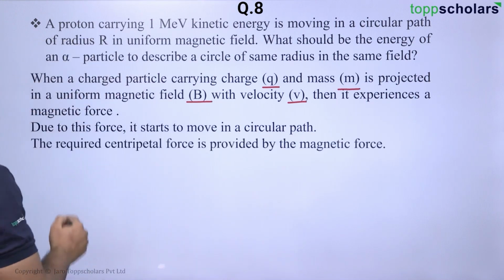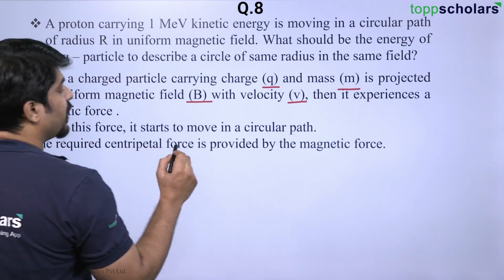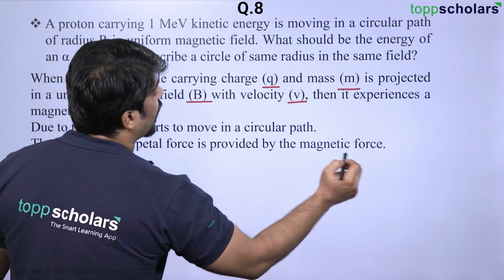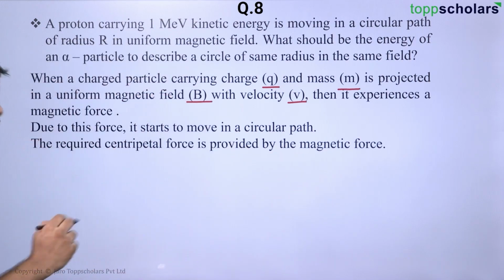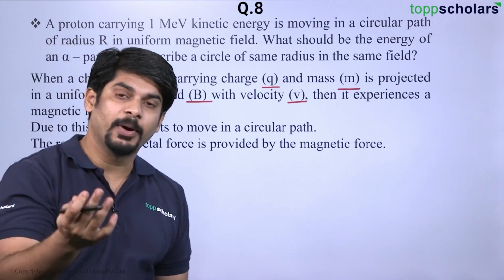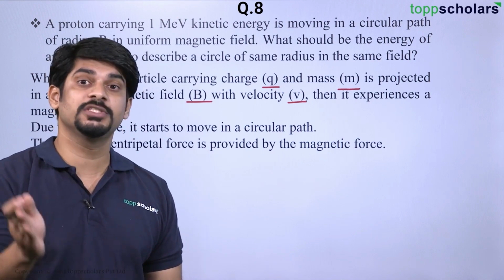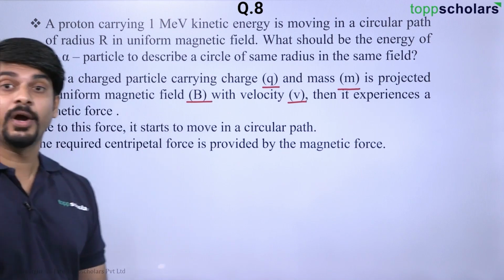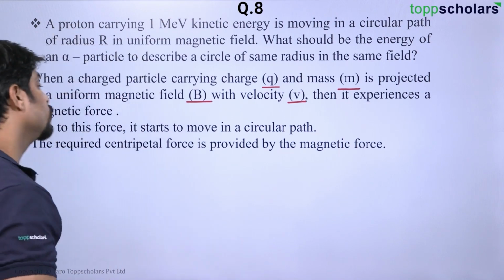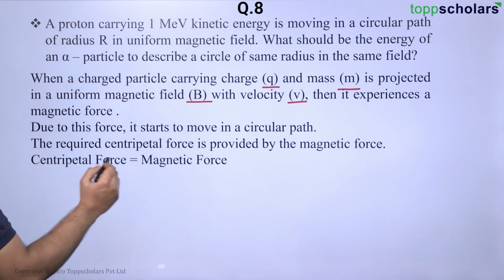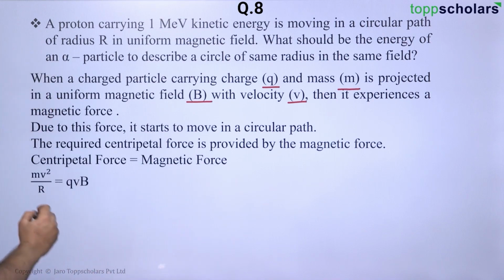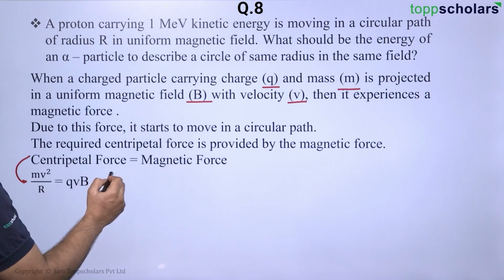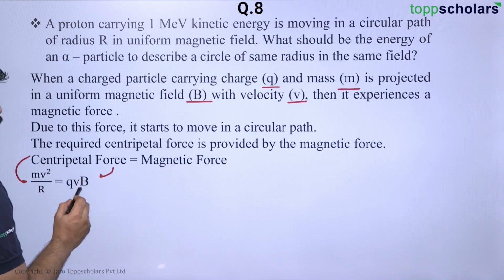The required centripetal force is provided by the magnetic force, because for any particle to perform circular motion, there has to be some centripetal force, and in this case it is provided by the magnetic force only. Centripetal force is equal to magnetic force, and the standard formula for centripetal force is mv squared upon r, and the magnetic force on any charge is given as qvB.